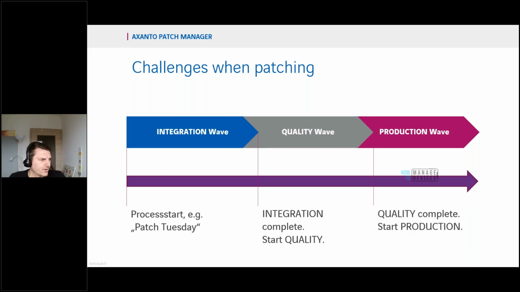Then we go further after perhaps a week, when we have tested the patches. If everything is okay, we can go on to the quality wave and say, okay, now we go to real-life systems, but not productive systems. And if that is okay too, we can start with the production wave and go to the real systems that matter.